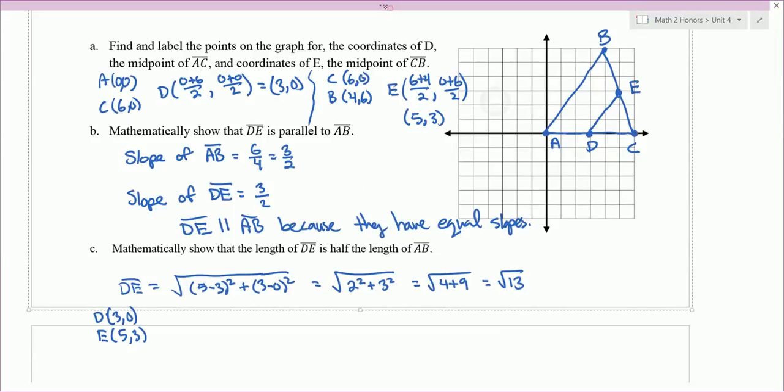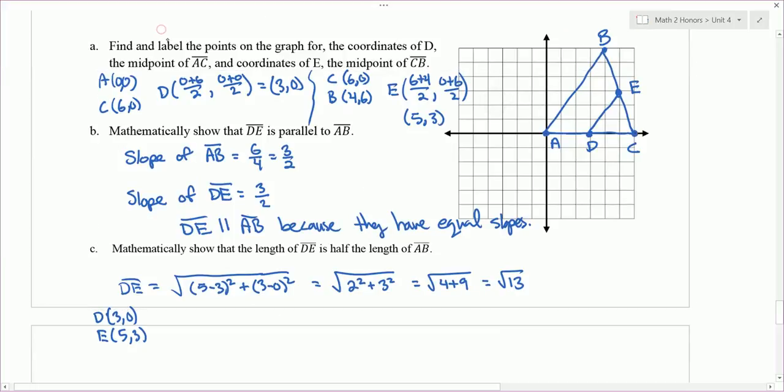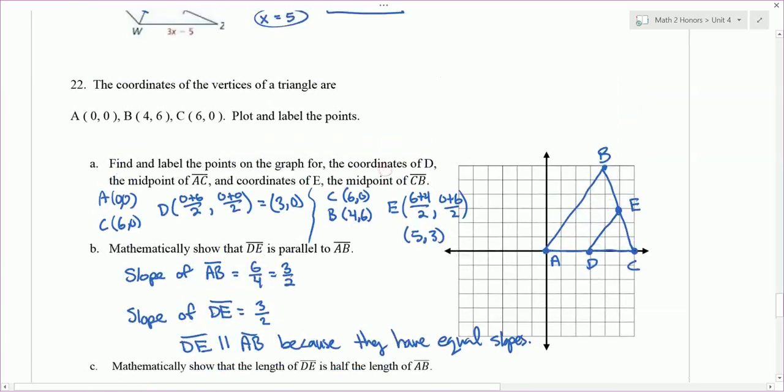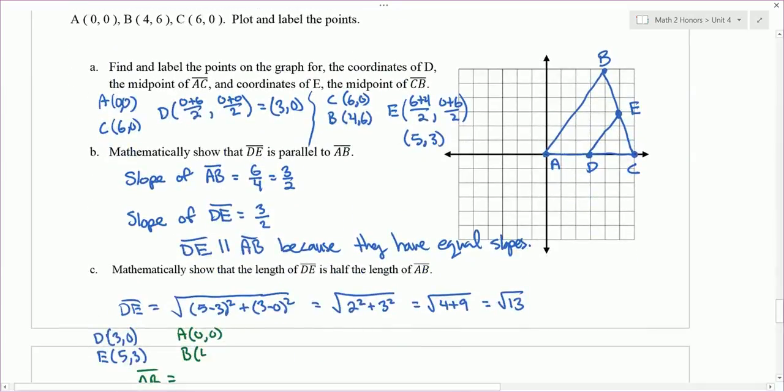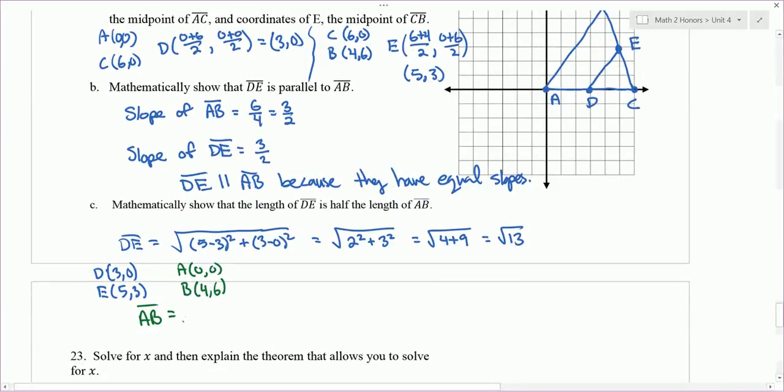For the other length, AB, point A is 0, 0, point B is 4, 6. So plug those into the distance formula.